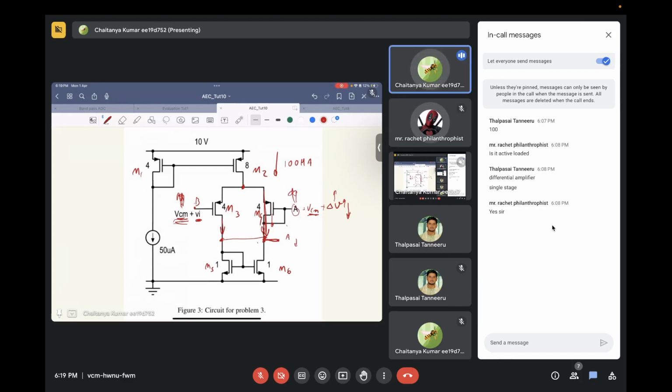And if this is fixed, then as long as transistors M3 and M4 are in saturation, 50 microamp will flow through M3 and 50 microamp through M4, correct? Correct. So the VGS of transistors M3 and M4 are fixed. Why? Because the current through these transistors is fixed. So what will be this node?